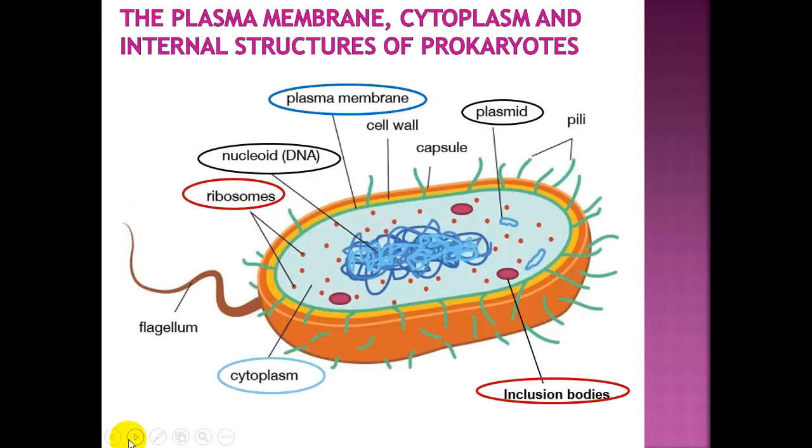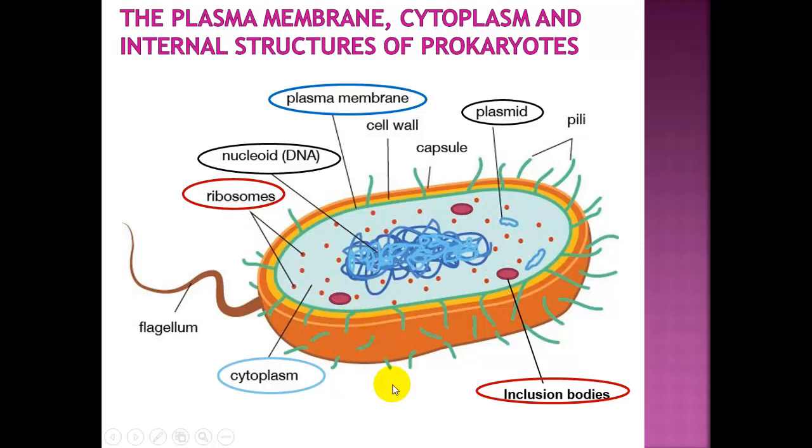In this schematic, we can notice the plasma membrane in this dark blue line surrounding the cytoplasm, the cytoplasm in this light blue color, the internal structures such as the ribosomes shown here in red, and the inclusion bodies shown in purple.